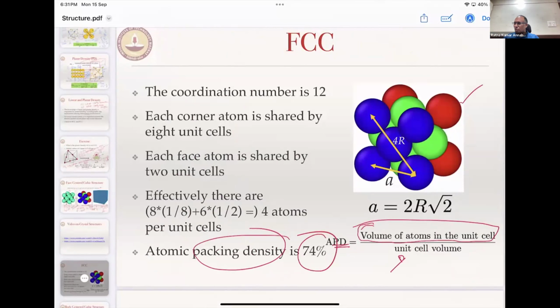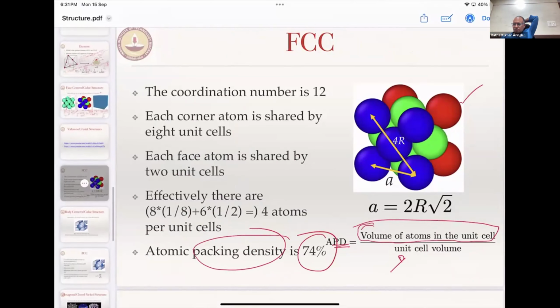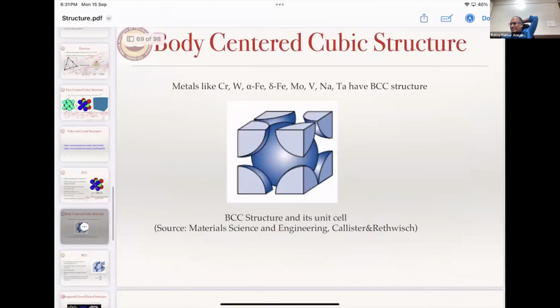Can we do a similar thing for BCC? A BCC lattice looks something like this. What is the effective number of atoms in a BCC? 2, that is 1 plus 1 by 8 into 8. What is the volume?